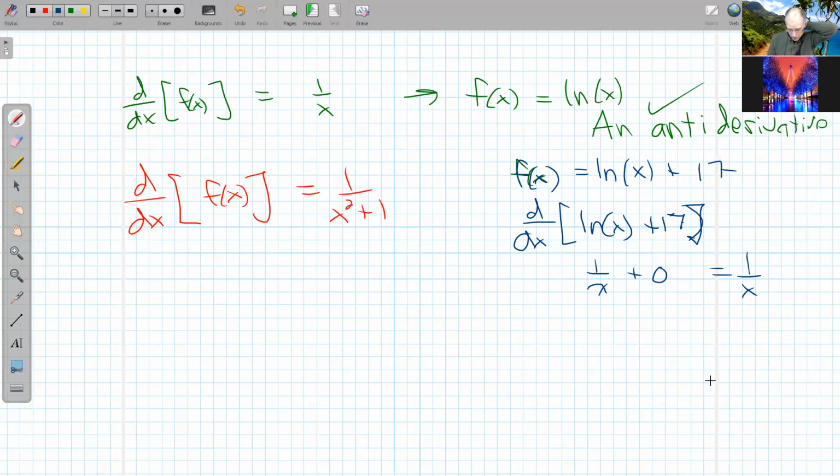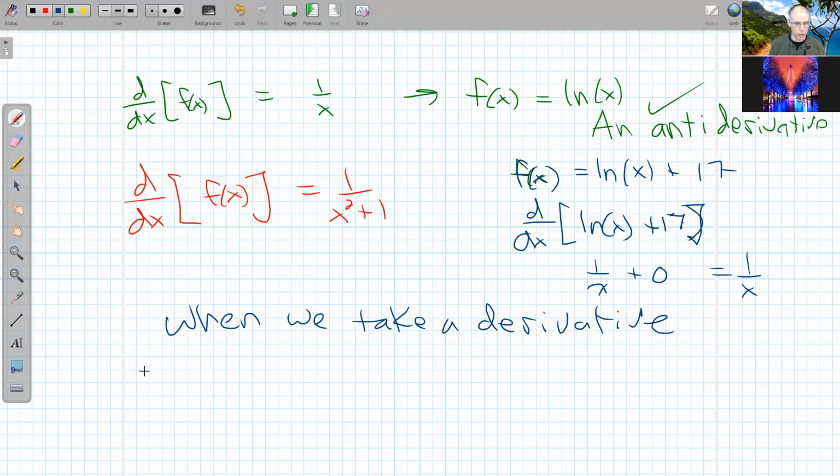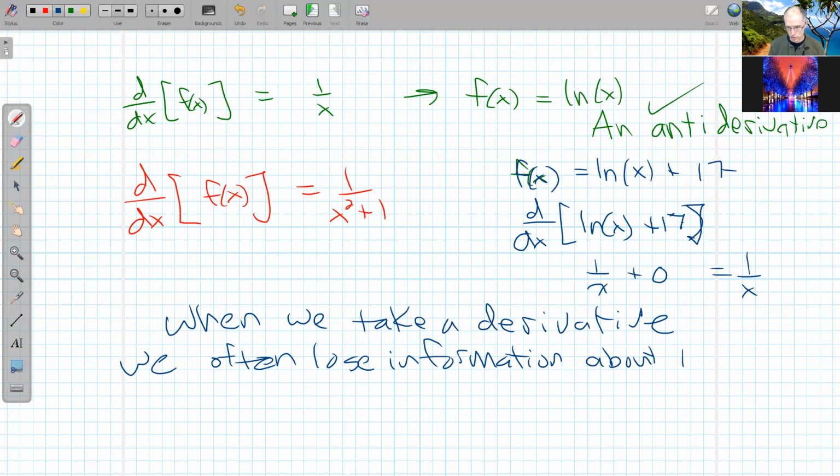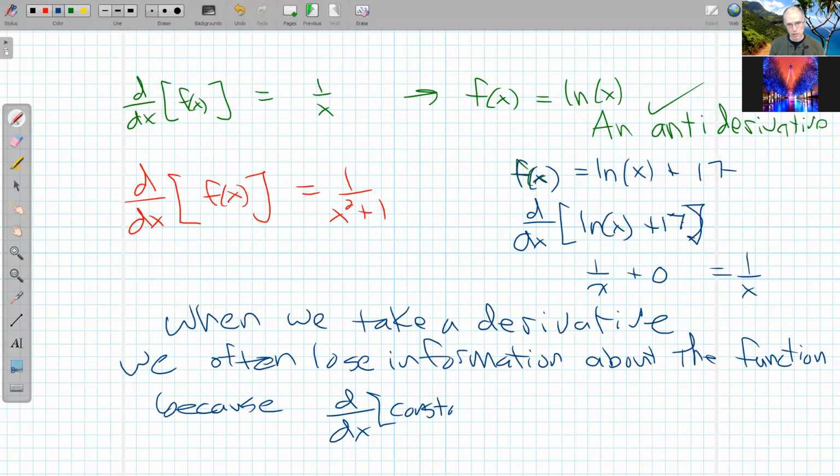So there's that idea I mentioned earlier. The problem with antiderivatives is that the derivative of a constant function is 0. So often when we take a derivative, we lose information about the function. If all I know is the derivative, I have a problem, because the derivative with respect to x of any constant is 0.